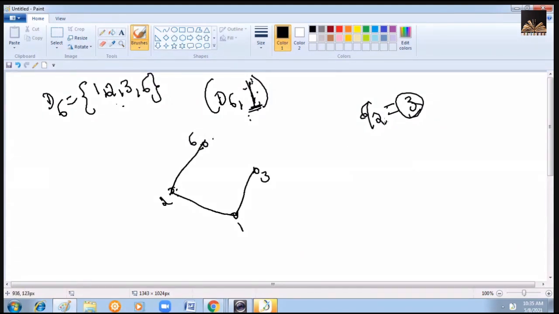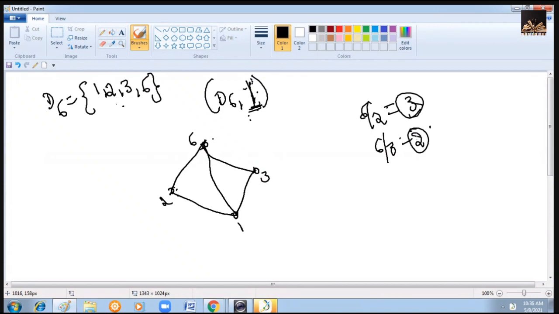Similarly, between 3 and 6, division is also possible, so you can have an edge from 3 to 6. Similarly, from 1 to 6 also, because between 1 and 6 the division operation is possible. Clear, ma'am?